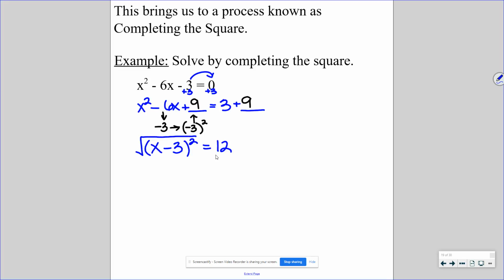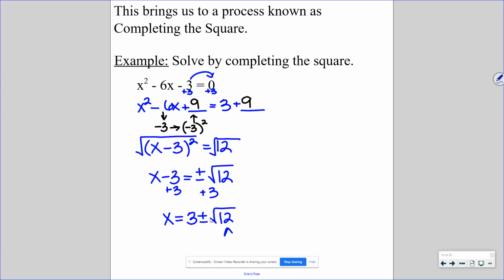My goal is to solve and find x, so I'm going to next take the square root of both sides, which would give me plus or minus radical 12. x minus 3 equals that. And then add 3, and you are finished. So x would be equal to 3 plus or minus radical 12, although it might be nice to break radical 12 down and call it 2 radical 3.